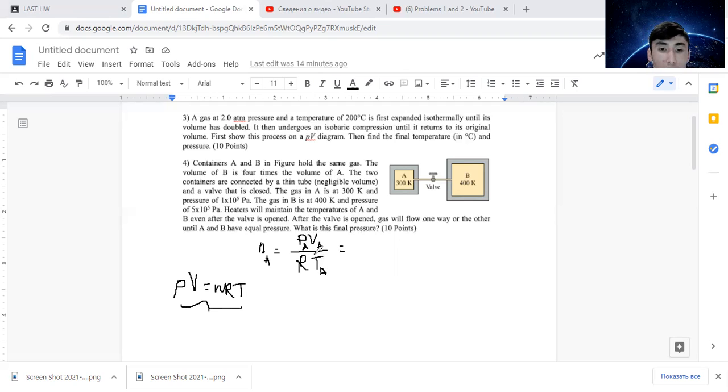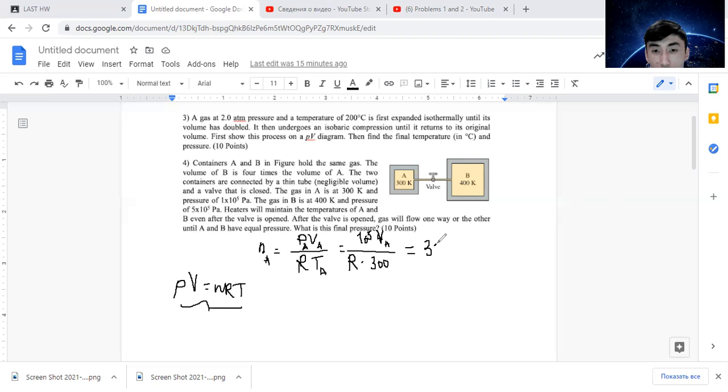Here, pressure and temperature are given. So we can write 10 to the power of 5 times VA over R, with R as a letter, because R will be cancelled as a constant value, and TA is equal to 300.